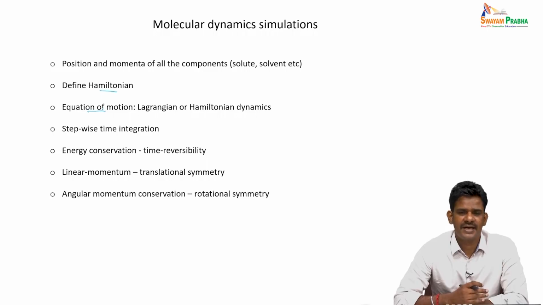That basically says that if I translate the system in space, the property that we measure should not depend on it. Similarly, the angular momentum is also conserved, meaning that the property that we measure is symmetric about rotation of the system itself. So, these are characteristics of a classical mechanical system following Hamiltonian or Lagrangian equations of motion.